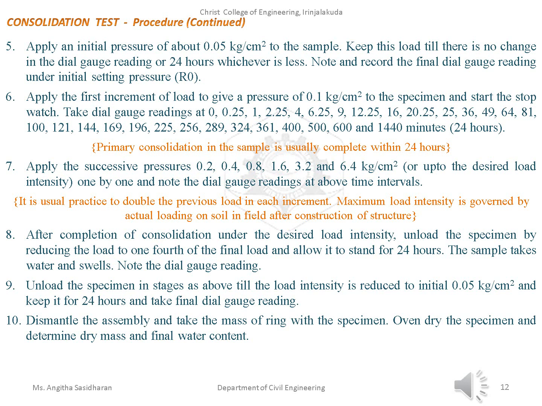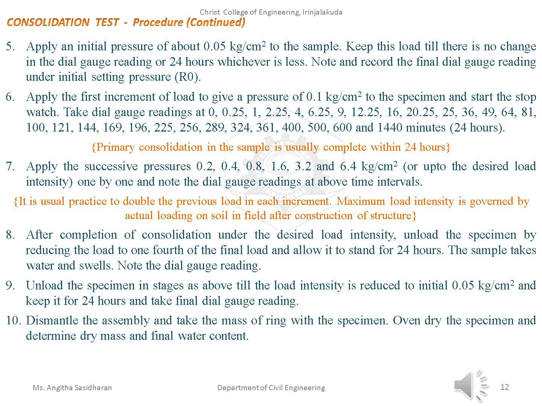Then the sample will take water and start swelling, and we have to note down the dial gauge reading. Again we'll unload, applying a new load which is again 1/4 of that load, and we'll make the sample stand for 24 hours.